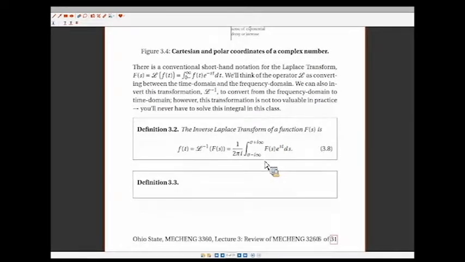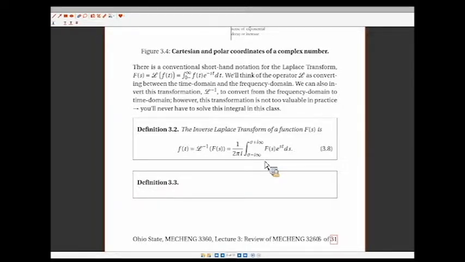Some things we will use are the definition of poles. What are the poles of a Laplace transform? How do we determine what the poles of a Laplace transform are? Yeah, the roots of the denominator of the Laplace transform, right?